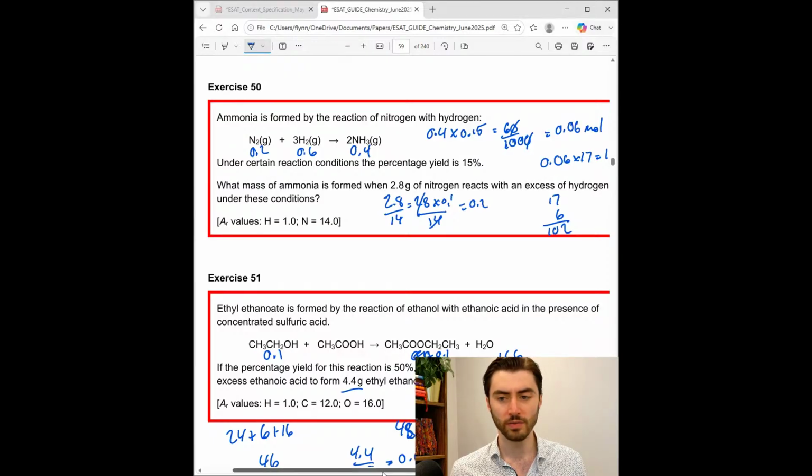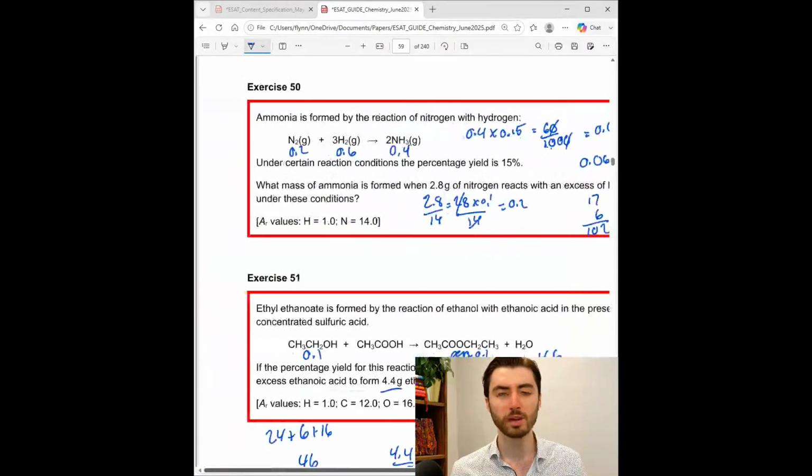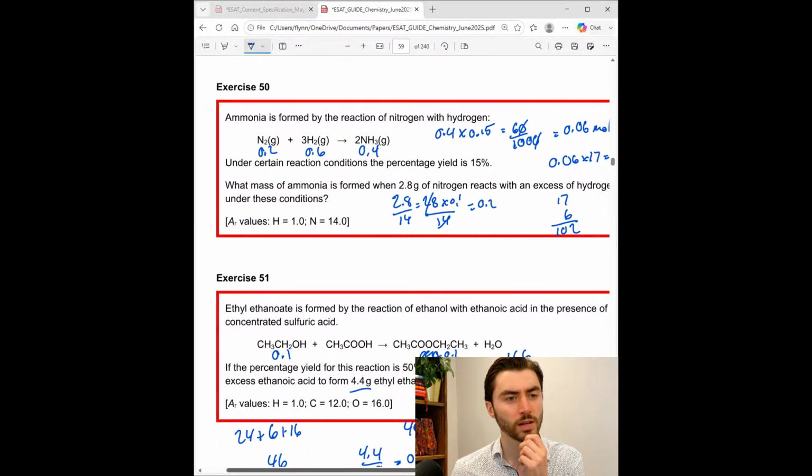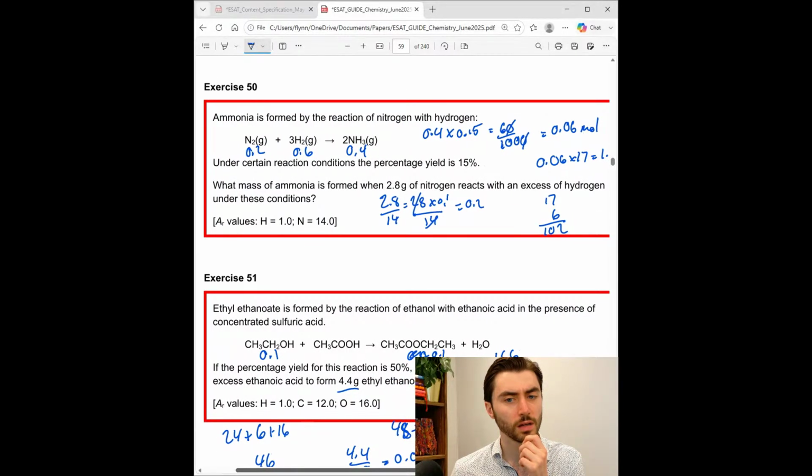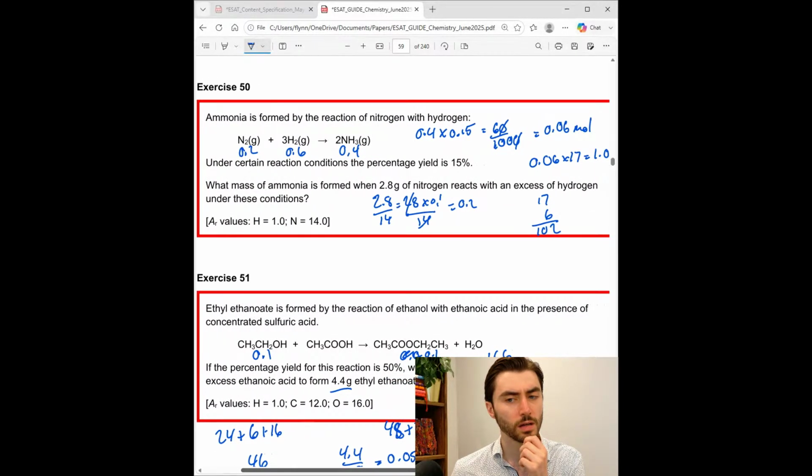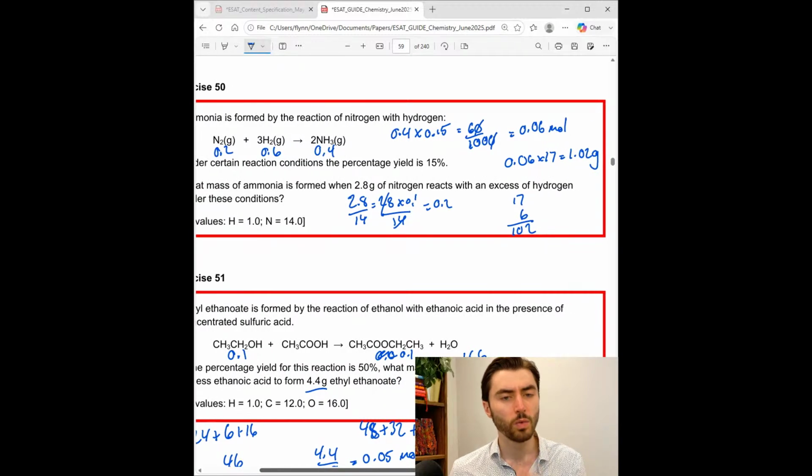0.51 grams. Oh, it's off by a factor of 2. Oh, wait, no, hold on a minute. I did do something silly. Why was I out by a factor of 2?